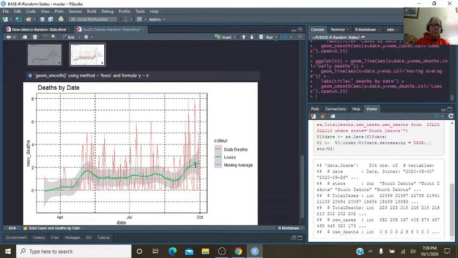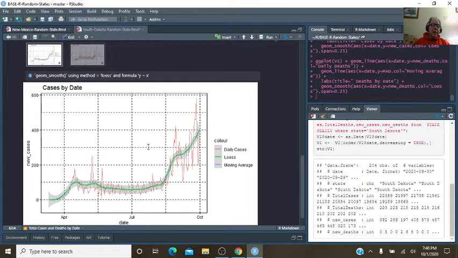Okay, wonder what them blue lines mean. But of course, the deaths. Oh my gosh, you got a spike in deaths. It spiked up to, goodness gracious, 8 deaths for one day.